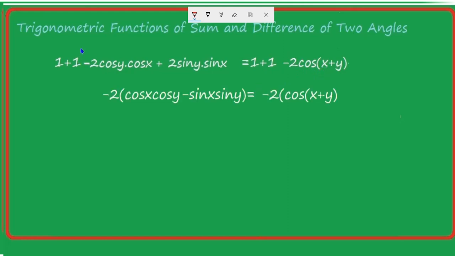Now 1 plus 1 gets cancelled with 1 plus 1, and you can take minus 2 common here: cos x cos y minus sin x sin y, and the right side is minus 2 into cos(x+y). In the next step, minus 2 gets cancelled.